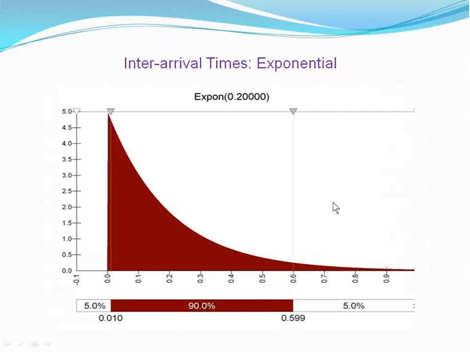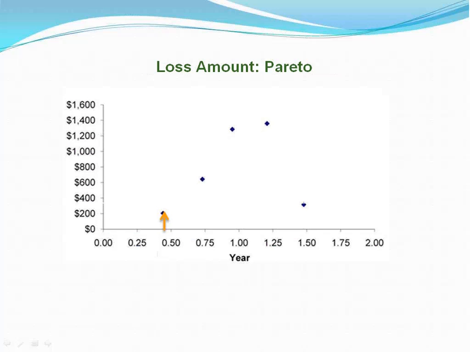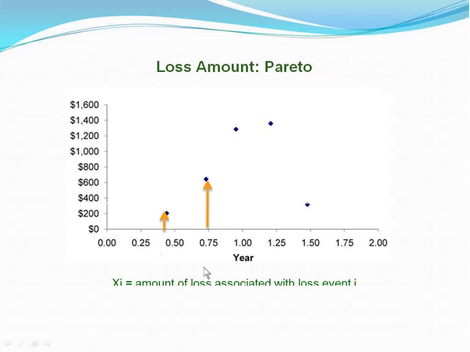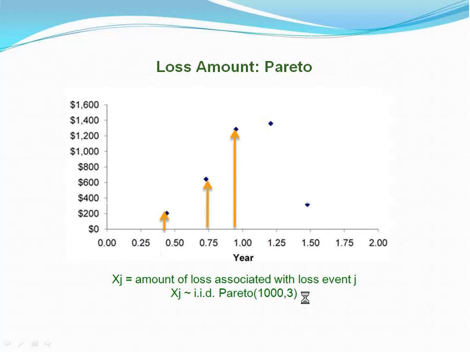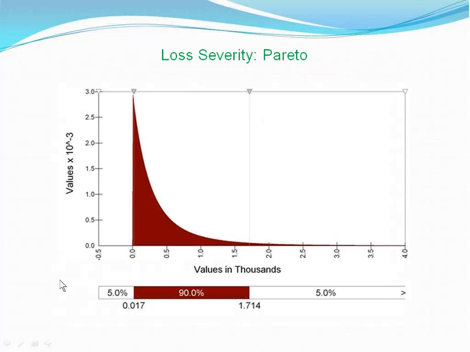Here is our exponential distribution. The loss amounts are assumed to follow the Pareto distribution, and this captures the idea that small losses are more likely than large losses.